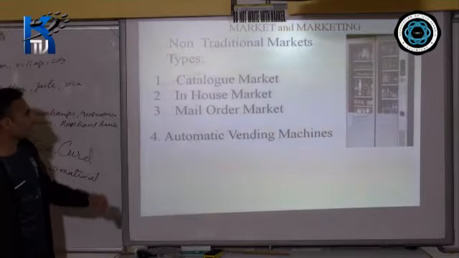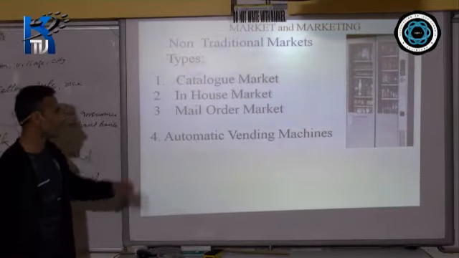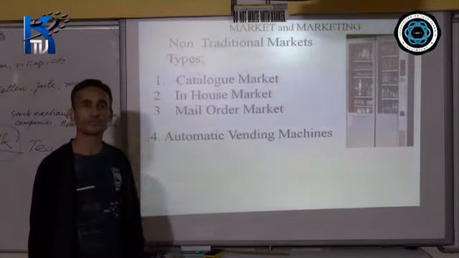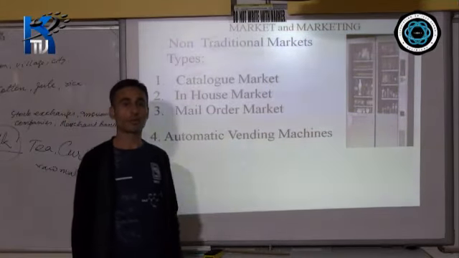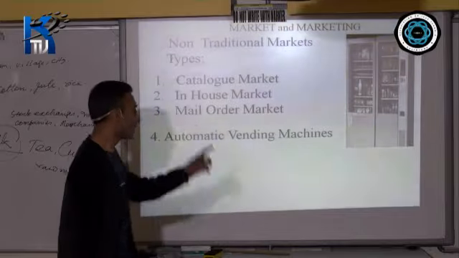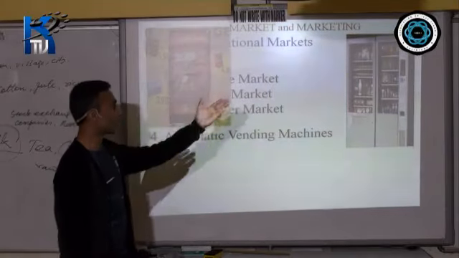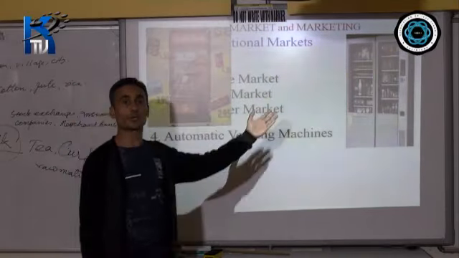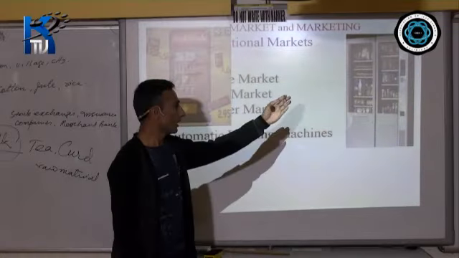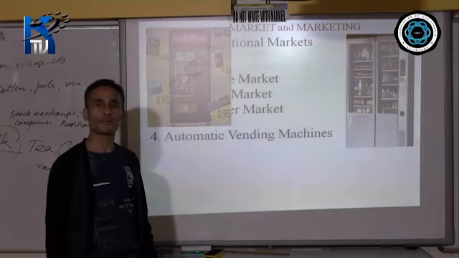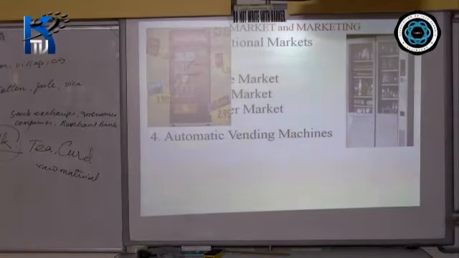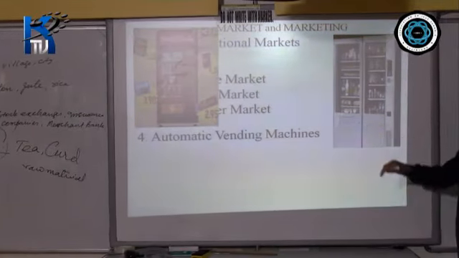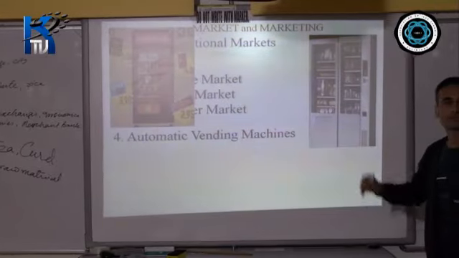Then you have another non-traditional market called automatic vending machine. These are mostly used by Mother Dairy now in order to sell their product. What do you see here? Products of daily use are sold this way. A machine is being installed where coins can be inserted, and products come out through some opening here.